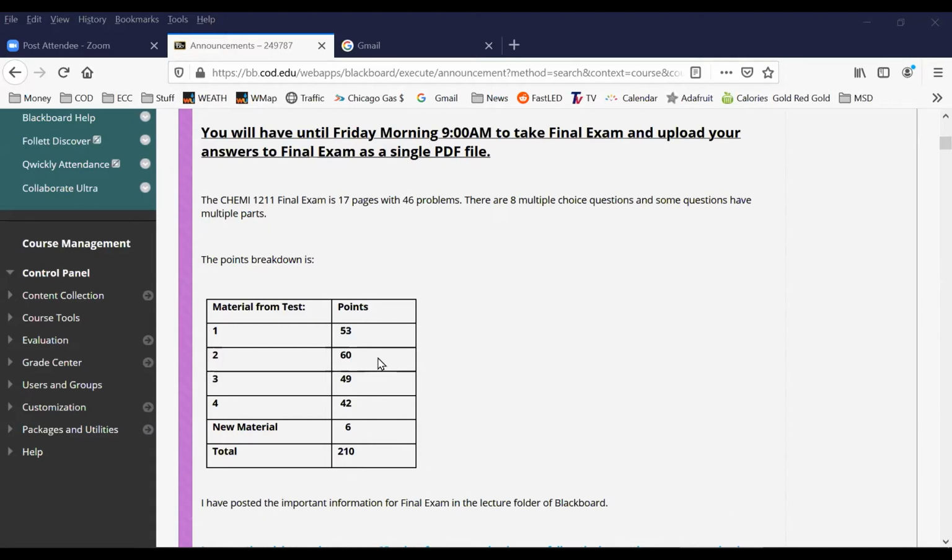I will tell you this, in the final exam from test number 2, there will be balanced chemical equations. There will be the mole-mole problems going from grams to grams with a balanced chemical equation. And test 3, I'll go through that during the week, stuff you should know how to do.